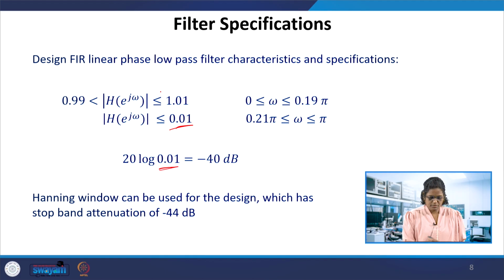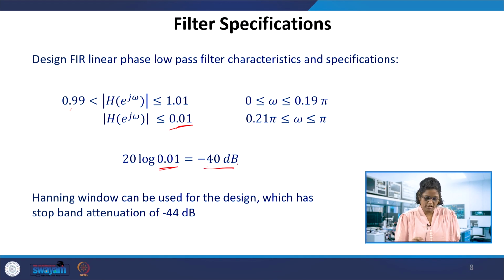Or choose if the ripples are given in the passband and stop band in different ways. Suppose it is 0.05 and 1.05, so ripple is allowed more, and in the stop band ripple is less. So go for the minimum ripple in the design. So 20 log 0.01 here, it is minus 40 dB. If you calculate this in dB, it is going to be minus 40 dB allowed.